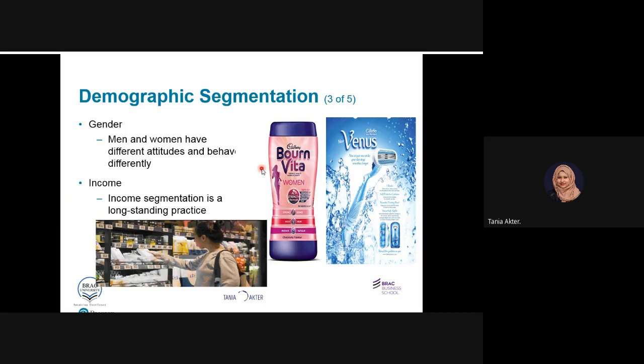To some extent, this is created by the marketer, so it's not always that the customer created this need. The need is created by the marketer, that as a consumer, as a woman, you need this type of product as well. So men and women have different attitudes and behavior, and they behave differently.